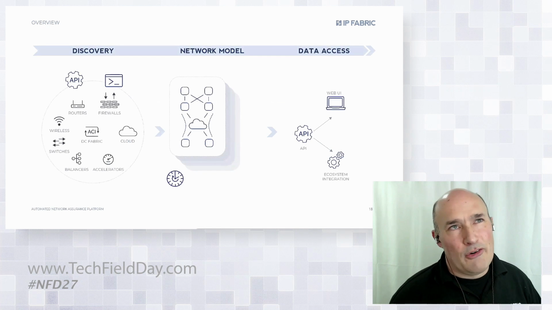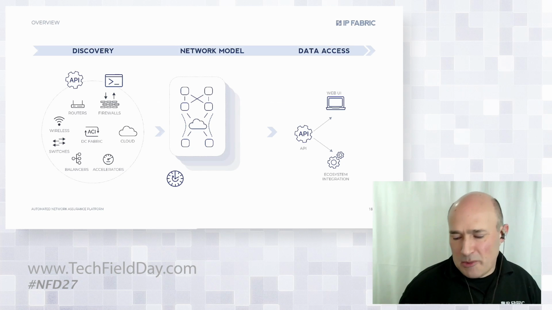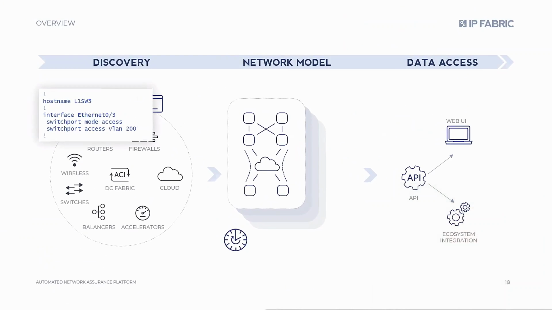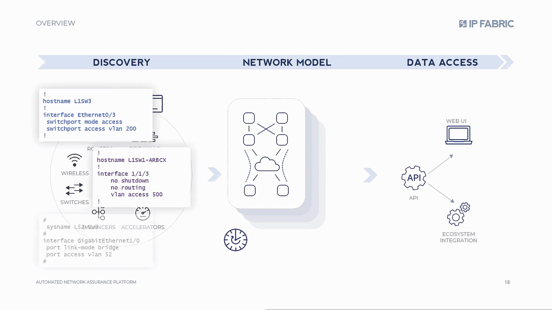So you've seen this slide already. This is IP Fabric's approach to that, and really what it's doing is something like this. You're retrieving lumps of config that might look vaguely similar, but might look different depending on which vendors you're doing. Here we've got obviously Cisco, Aruba, Arista. Anyway, if you can read one, you can read them all.